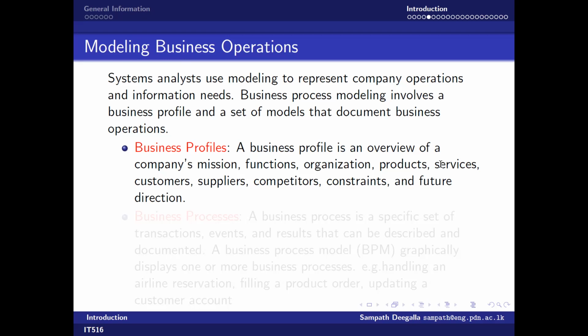For example, in the engineering faculty, we have services provided for the industry. We also develop software systems and provide them as a service to our customers, right?